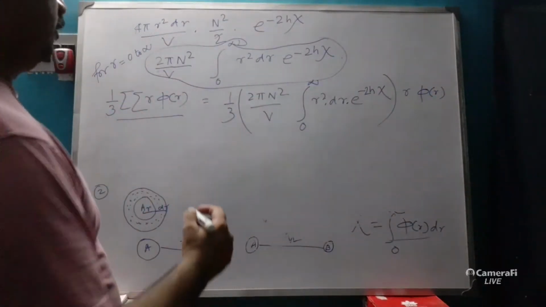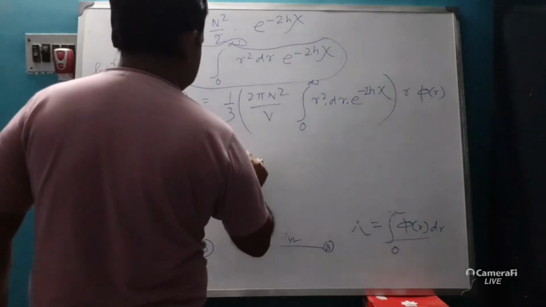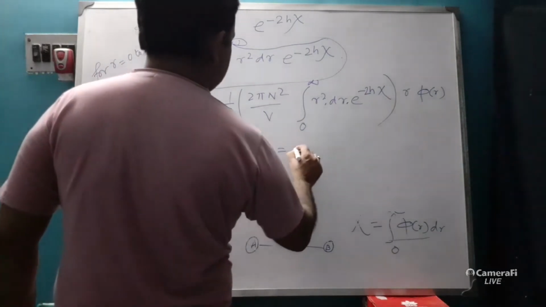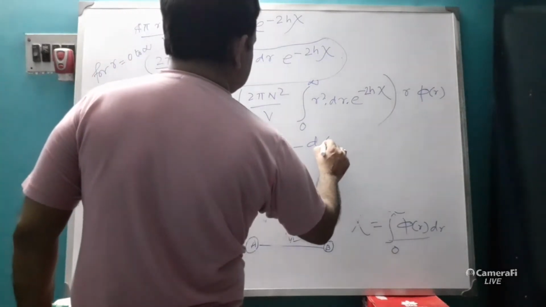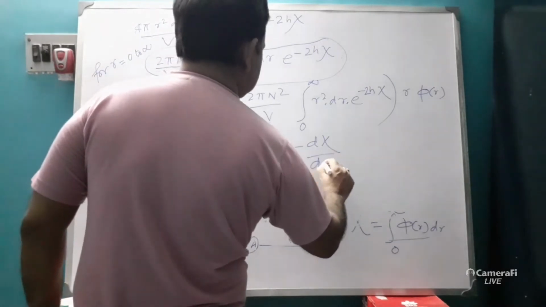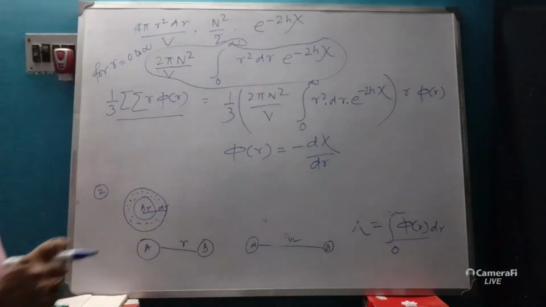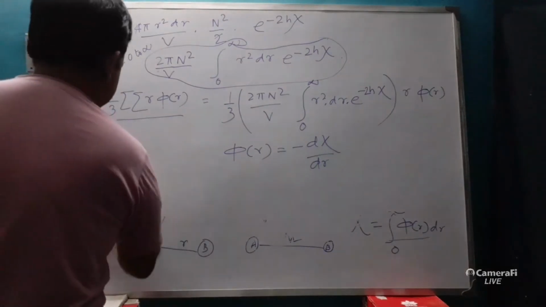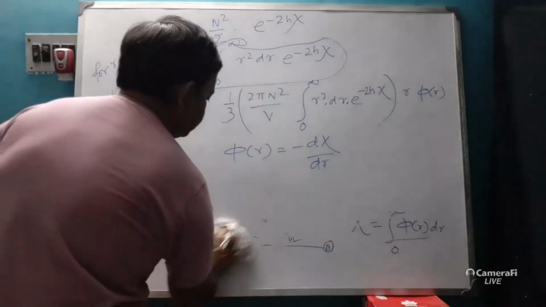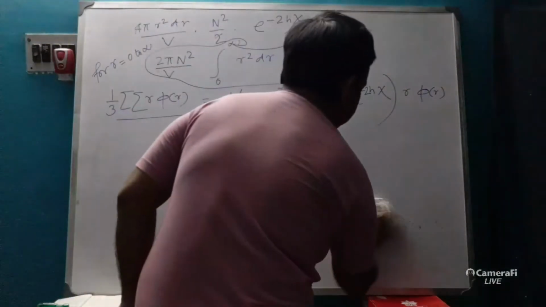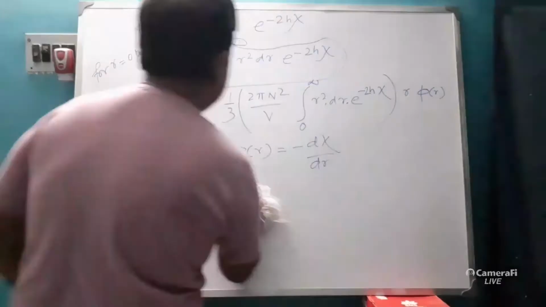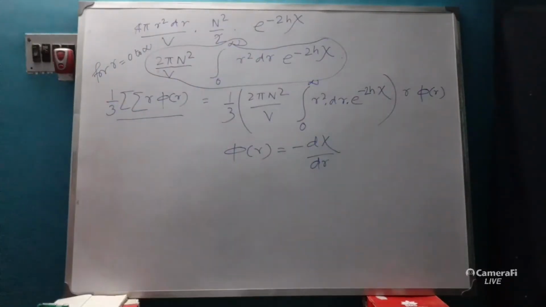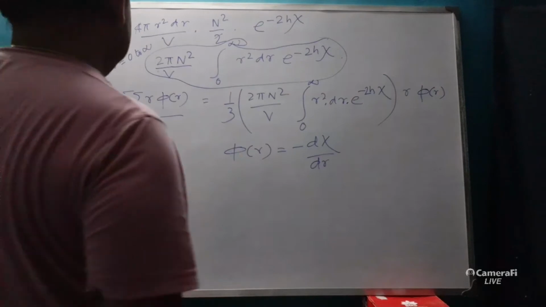And here phi r is considered as minus d chi dr. So this is our whole expression.